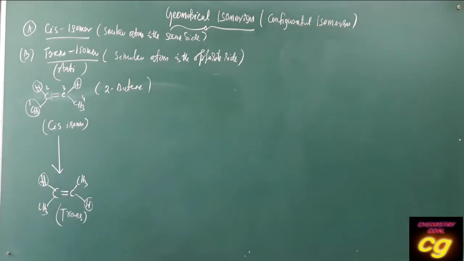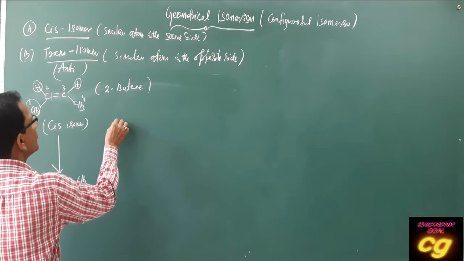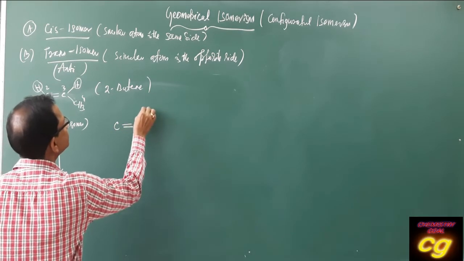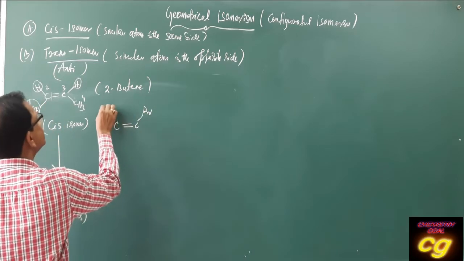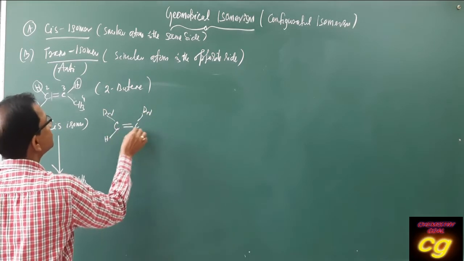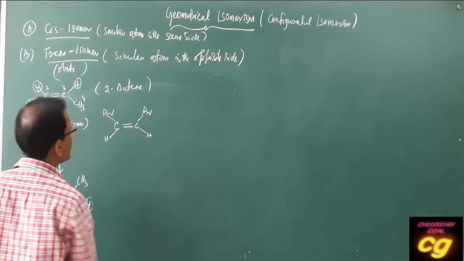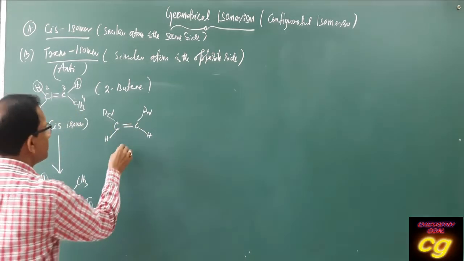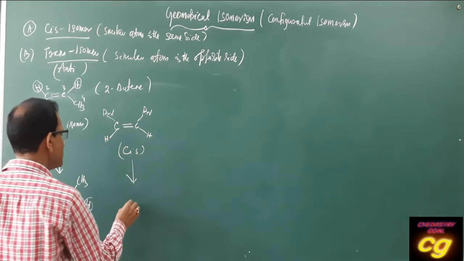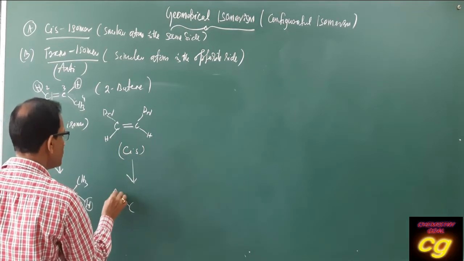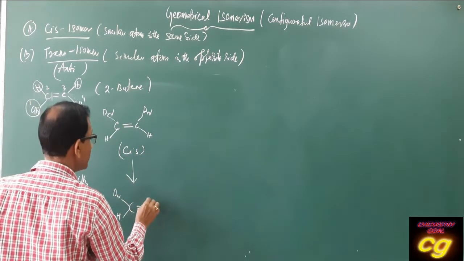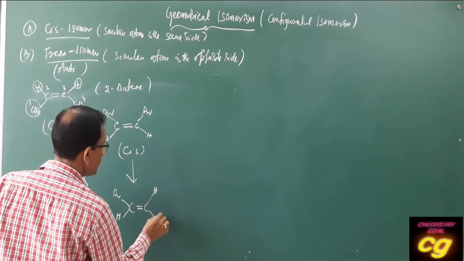Let us take another example. This is called cis. How will it be trans? Keep this one position intact and only change the other carbon. H will be on this side and bromine on this side.